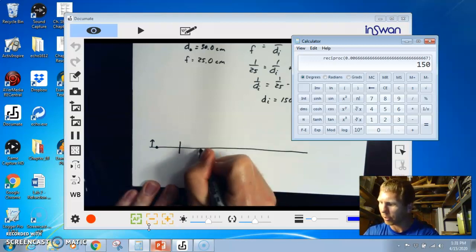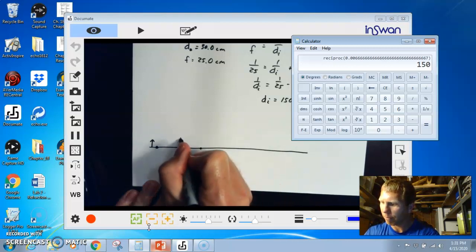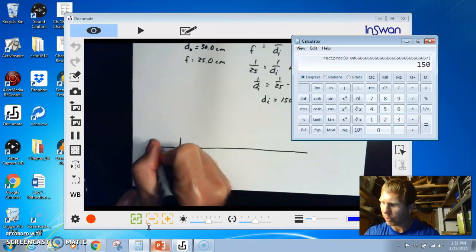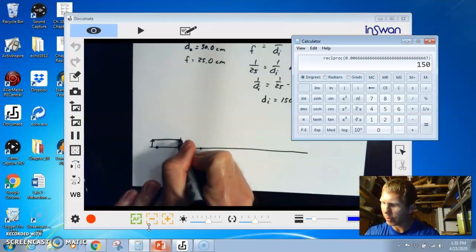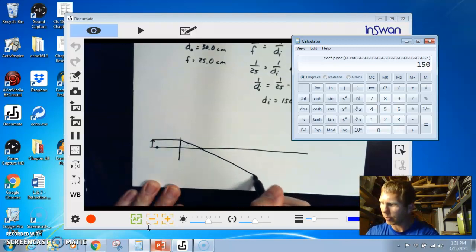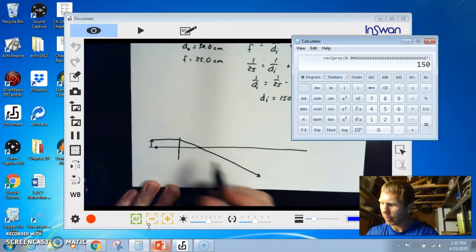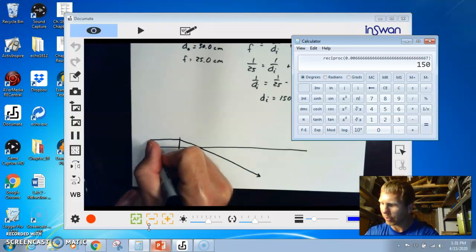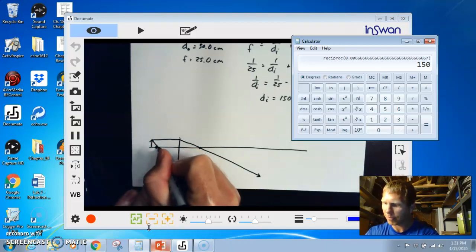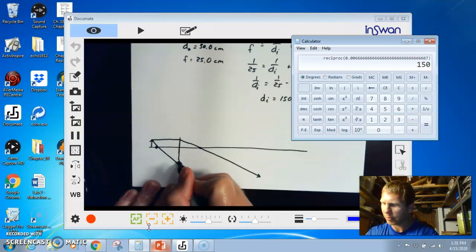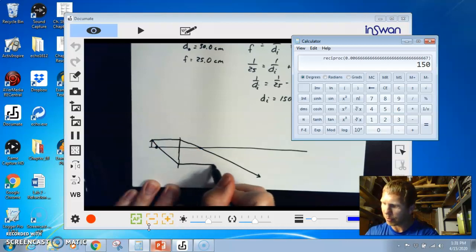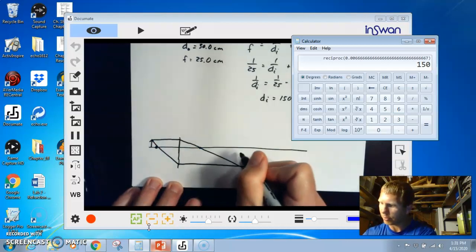Those are pretty close to each other. Our first ray goes parallel, and then we'll bend through there. And then our second one, hopefully I stay on the paper, goes here, and then it bends out parallel and goes like that.